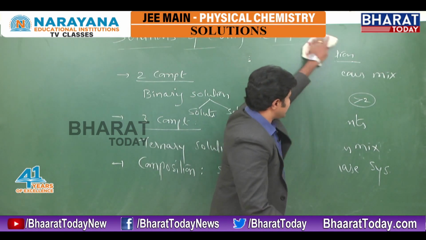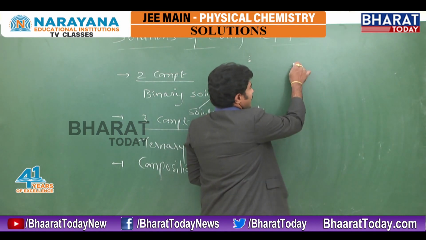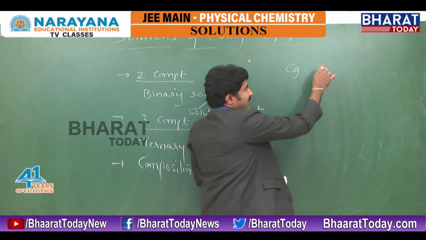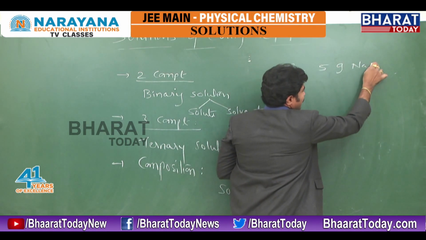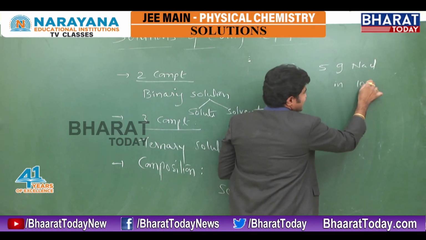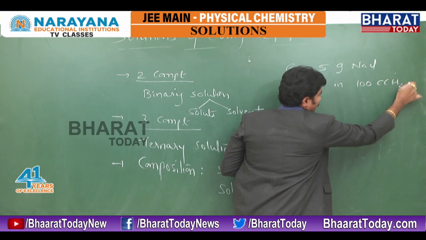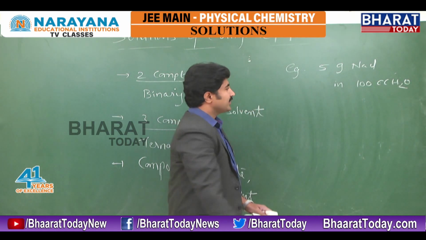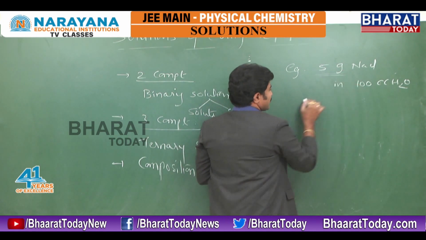For example, when 5 grams of NaCl is dissolved in 100 cc water, NaCl is present in smaller quantity.